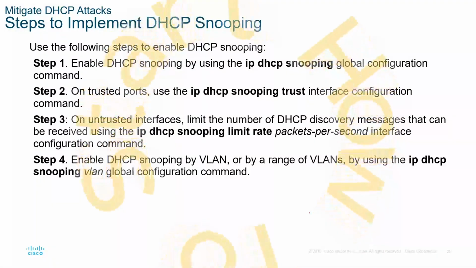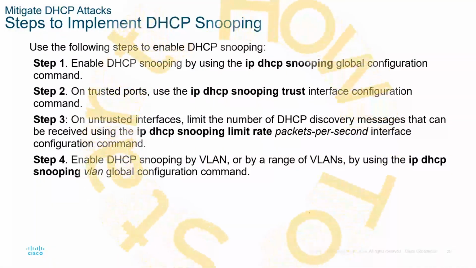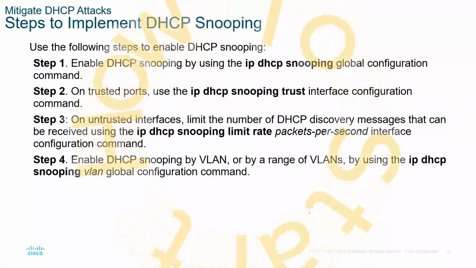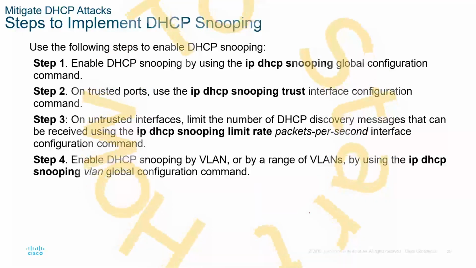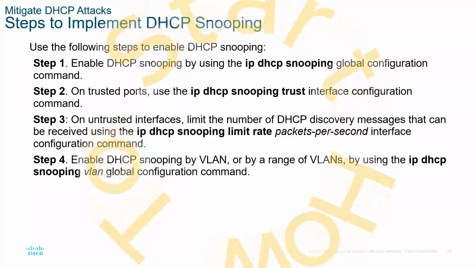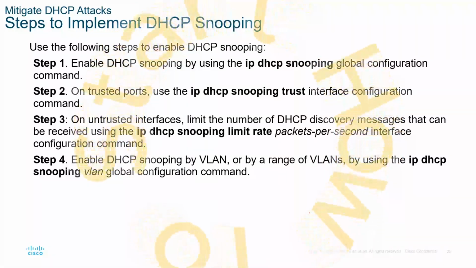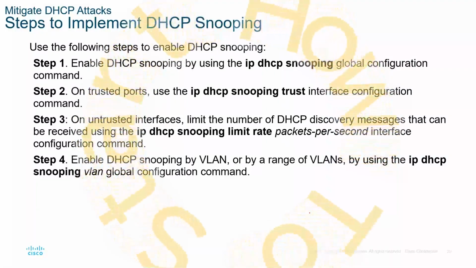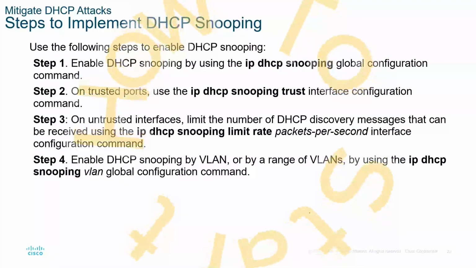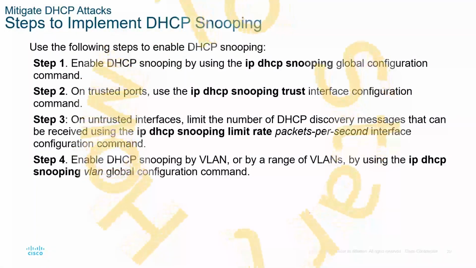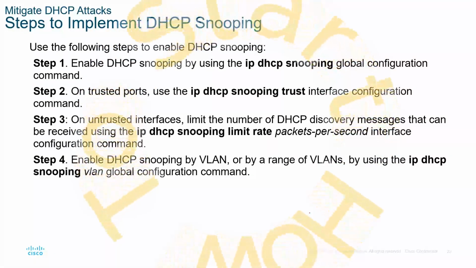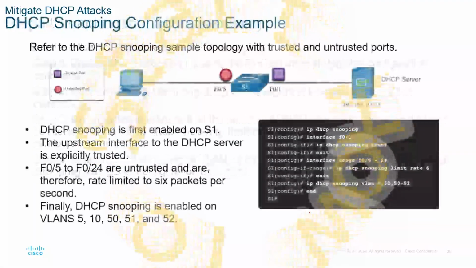On untrusted interfaces, you can also then limit the rate of packets per second for DHCP. And you do that by issuing an ip dhcp snooping limit rate, space, the PPS, on that interface. And again, you can also do this per VLAN by issuing the ip dhcp snooping vlan configuration, and that will be done globally as well.